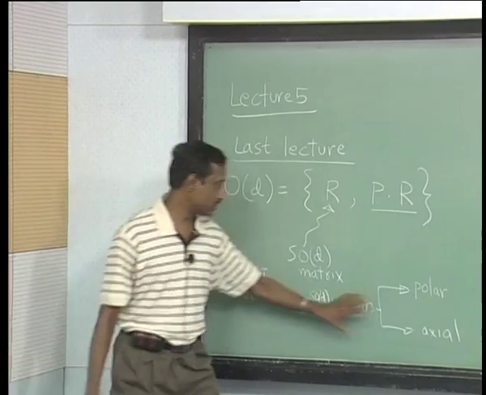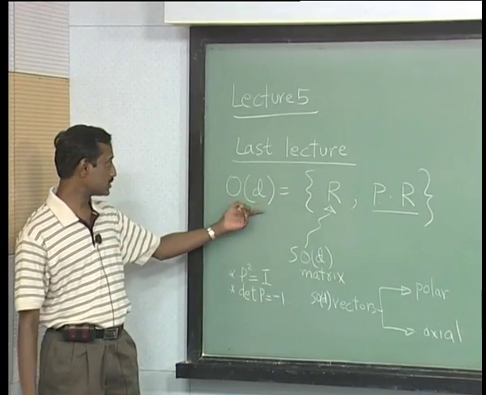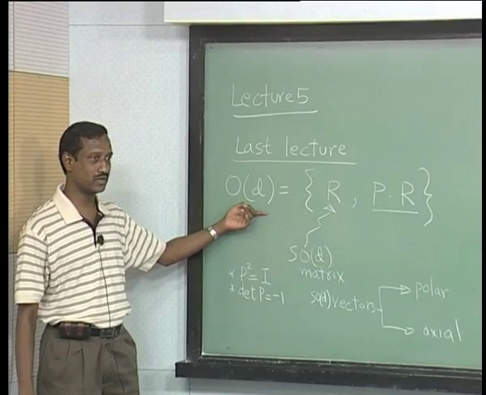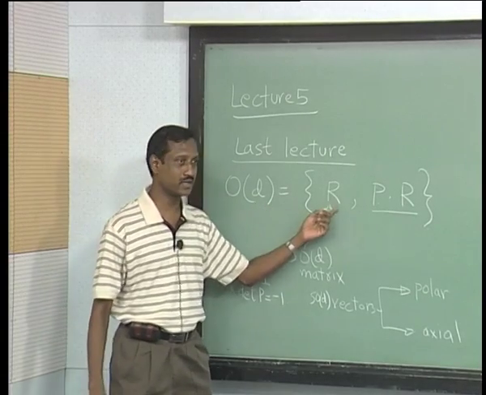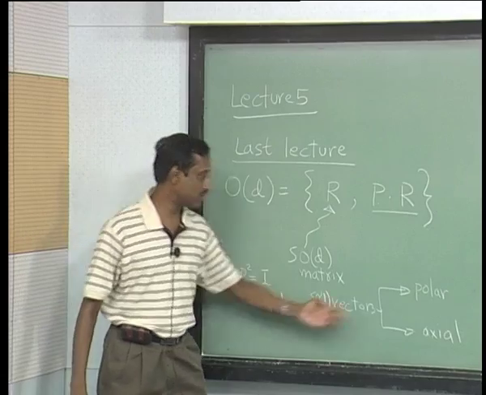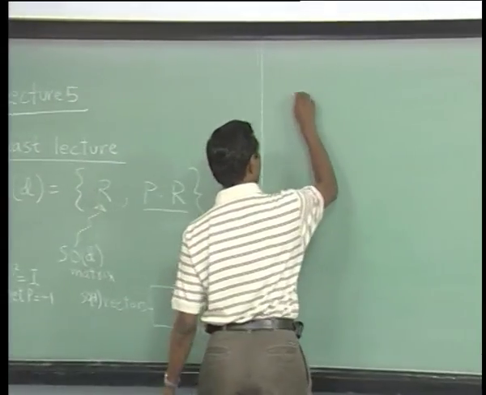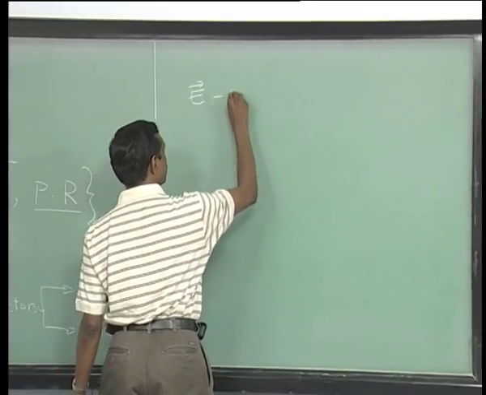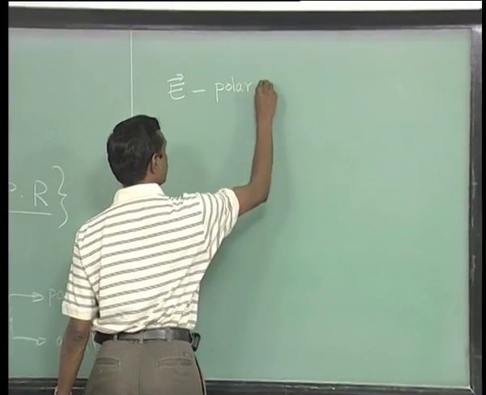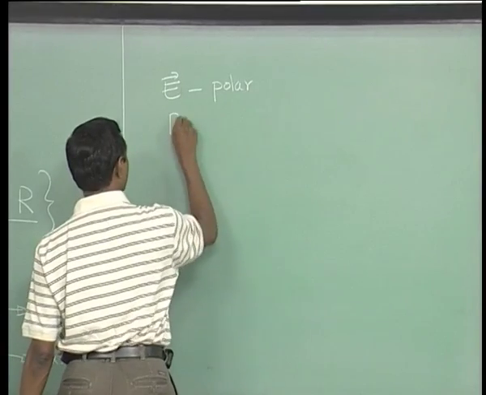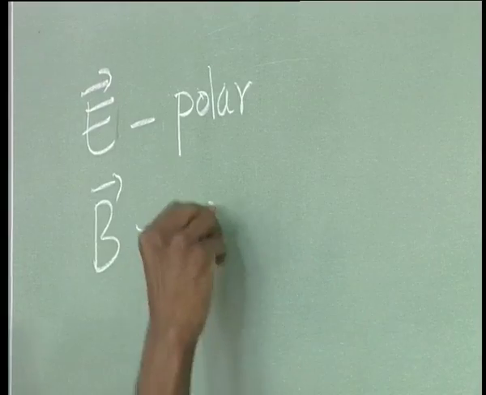So, what you can see is that in principle this is the symmetry of our system, but we were only looking at the SOD part of it, but really it is there. And hopefully you check that the electric field E is a polar vector field, while B is axial.